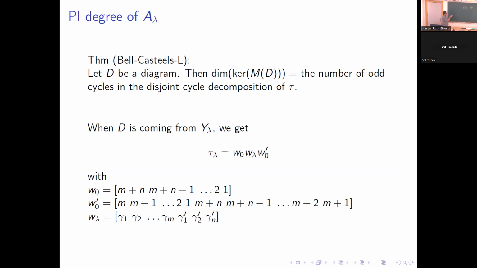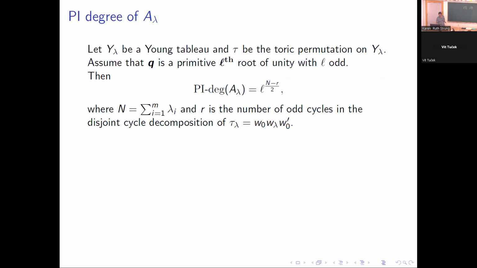We know that the invariant factors are powers of 2 up to one of them. And that allows us to actually compute explicitly the PI degree of the partition subalgebra, and say this is L to the (n minus R) over 2. The over 2 is because we are taking the square root of the cardinality of the image, and n minus R is basically the rank of your matrix.